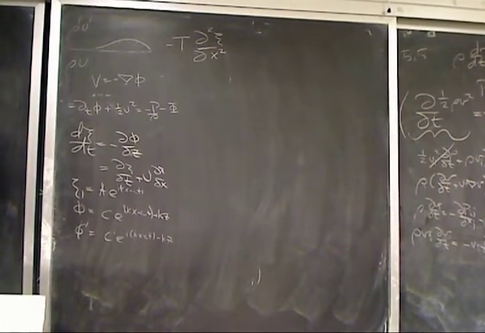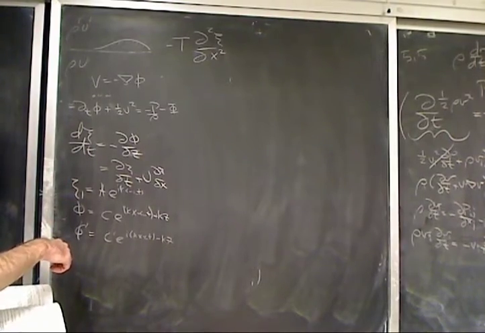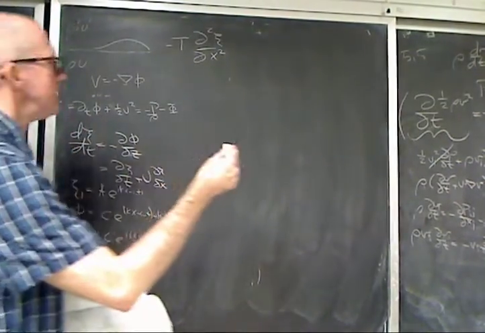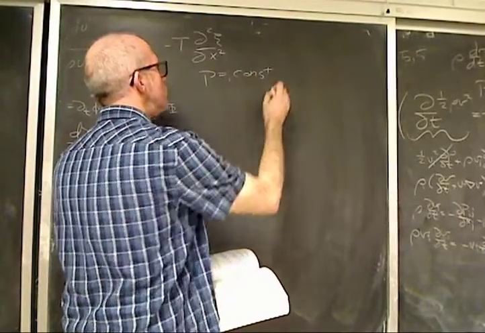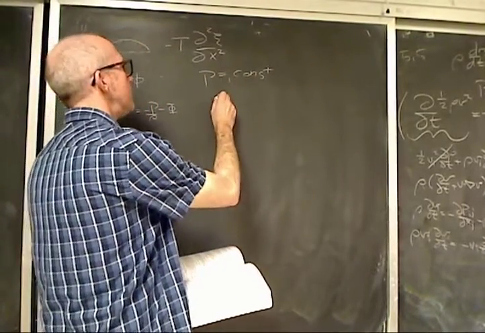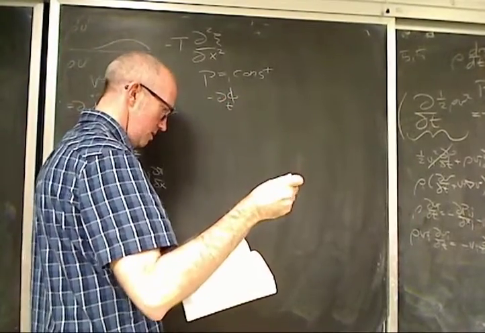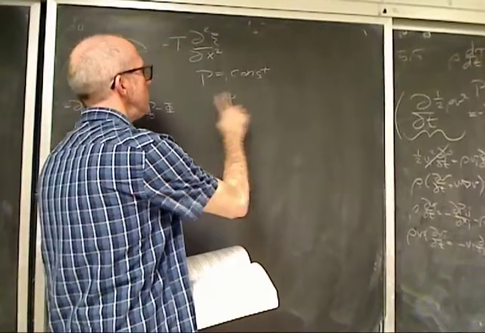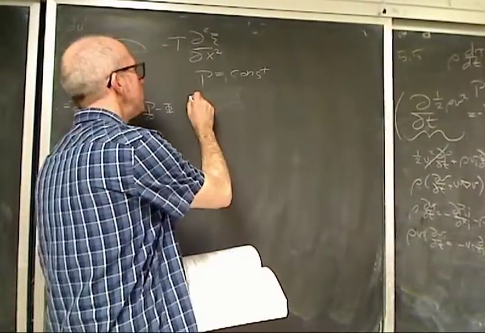All right. So these are the tools that we're going to need. Then we solve this for P, and we say that pressure equals constant. So that gives us a minus dφ/dt. I'm going to read it like the book does, so I'm just going to skip to 7.45.